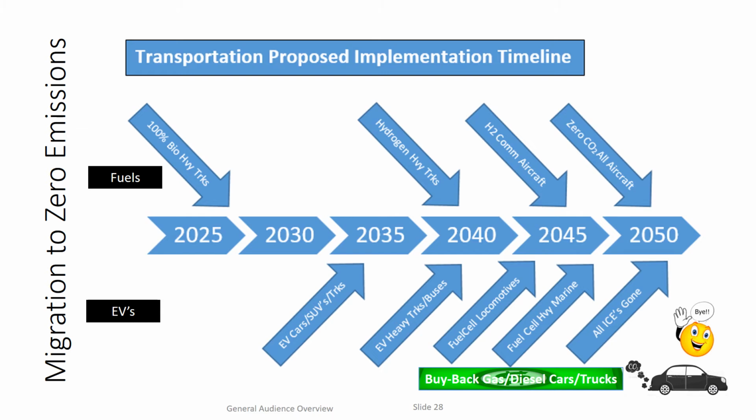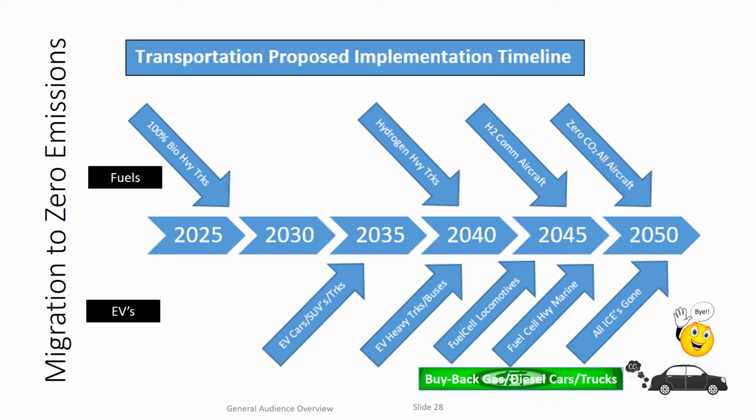So let's talk about transportation and some of the complexity here. The top half is fuels, the bottom half is electric vehicles, and we're going to run through the bottom half first. By 2035, the target is to get EV cars and trucks. This is all light duty, things that we normally drive. Those would all be electric. By 2040, heavy duty trucks and buses.